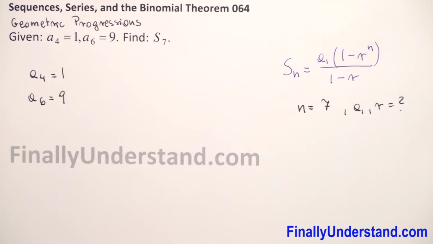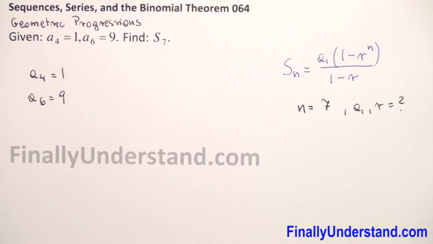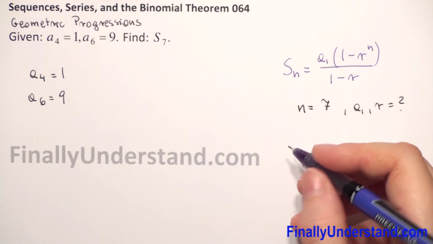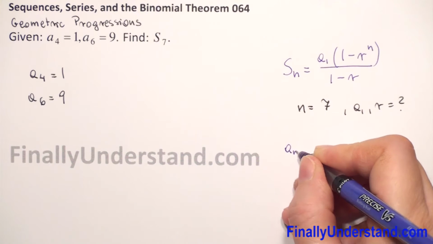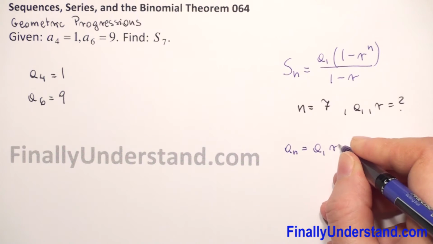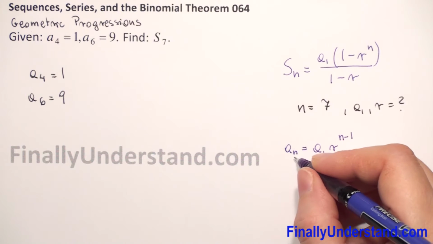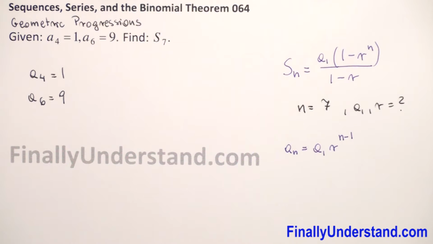So we can rewrite a4 and a6 by using the formula for the nth term of a geometric progression. This is a1 times r to power n minus 1, always 1 less than the term of the geometric progression.